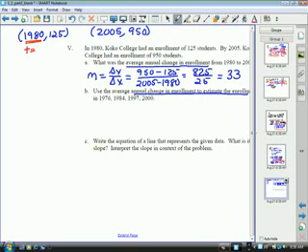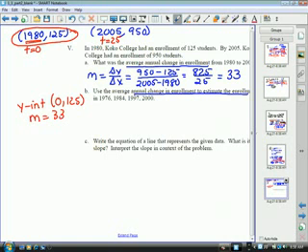If I made this t equals 0 and made this 25, guess what this point automatically becomes? The y-intercept. So if the y-intercept is 0, 125, and my slope is 33, I automatically know what my equation is. It's y equals 33t plus 125, which I'm going to call y E for enrollment, so I know what that means.